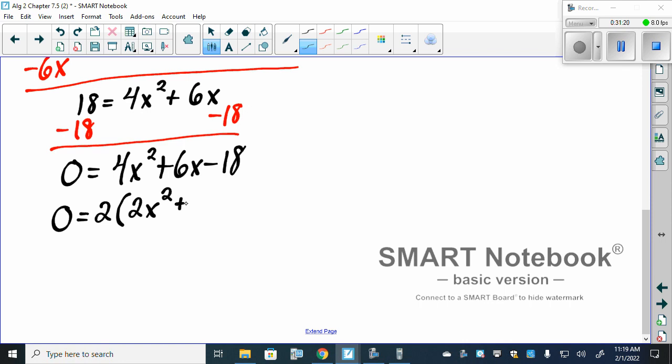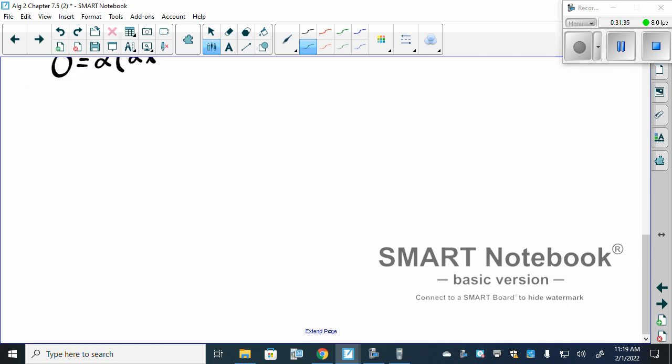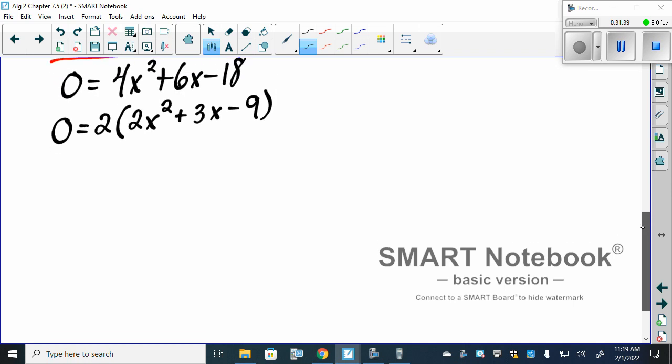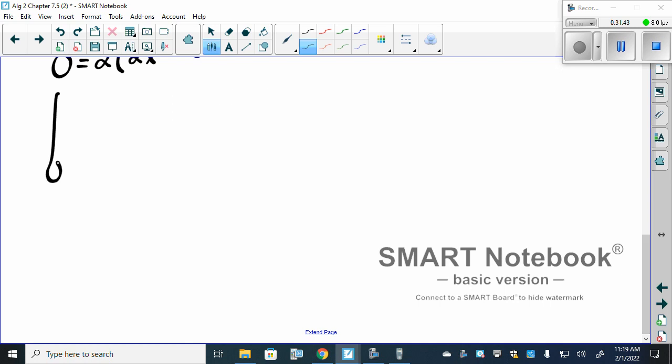If we factor 2 out of 6x, we're left with 3x, and out of 18, minus 9. And factoring out these greatest common factors, especially with our constant terms, these numbers, will make these a little bit easier to work with and a little bit simpler. So here we'll have 0. Okay.